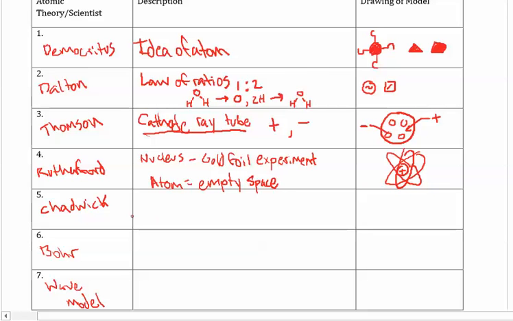After that, or somewhere in the midst of Bohr and Rutherford, and even wave model, arguably, Chadwick was doing his experiments using radiation. Chadwick figured out neutrons. Again, he had an experiment that I don't know the name for, but again, it's in the video.